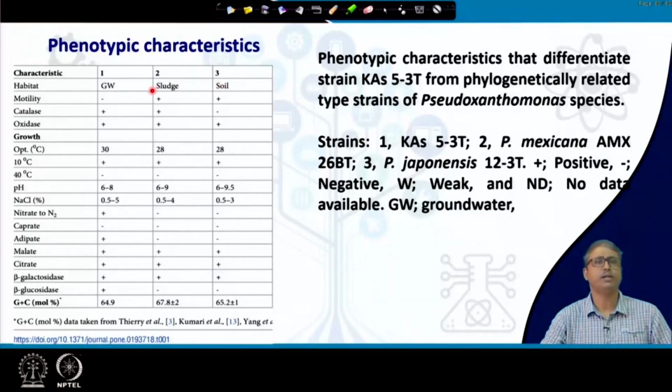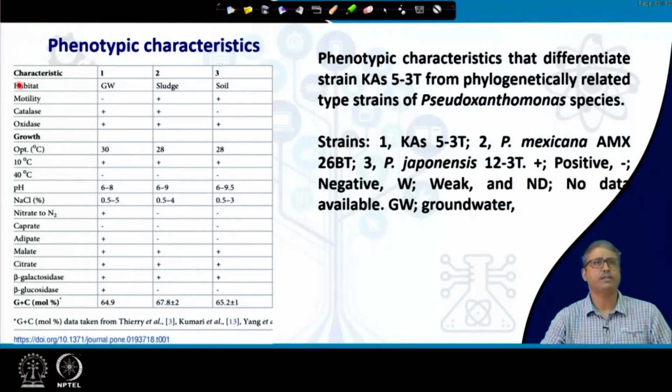Because when we submit to the international committee that our organism is, in this case, Pseudoxanthomonas, we need to compare the phenotypic characters of our strain with the closest reference strains, which can be obtained from different culture collections.